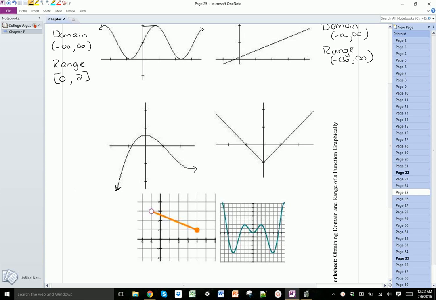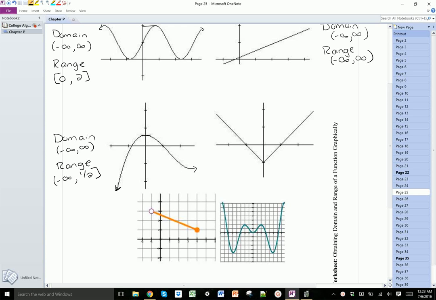So that means it goes all the way to the left and all the way to the right, so the domain would be -infinity to positive infinity. And then the range, so the lowest point, it goes forever and ever down here, so the lowest point is -infinity, but then the highest point, this looks like it's about at 1/2, so 1/2, and then I'm going to use a bracket because it does actually reach there.